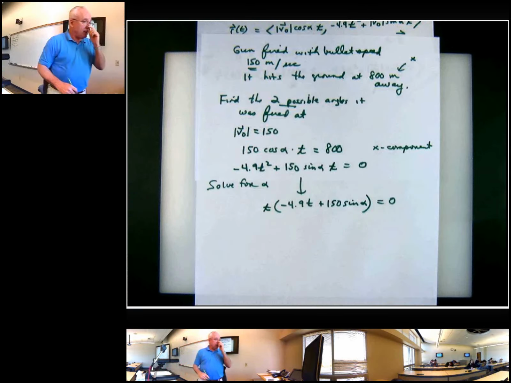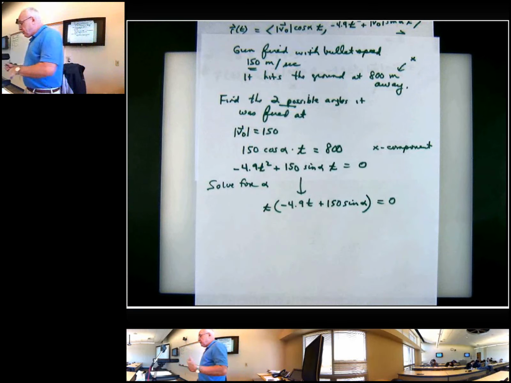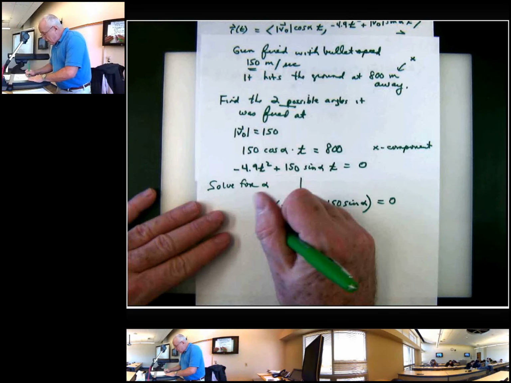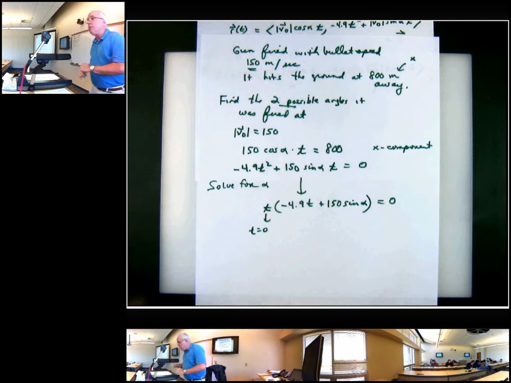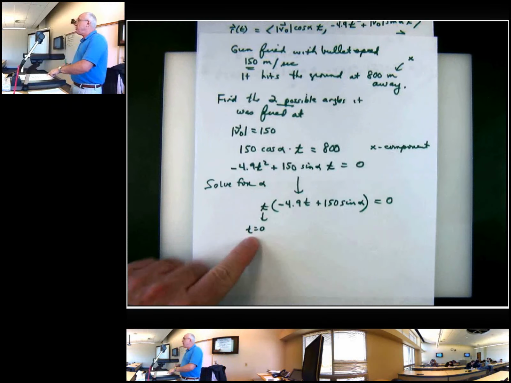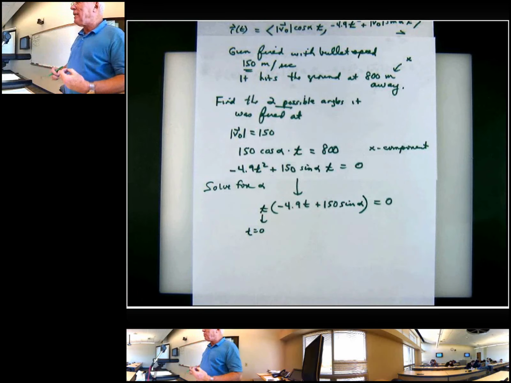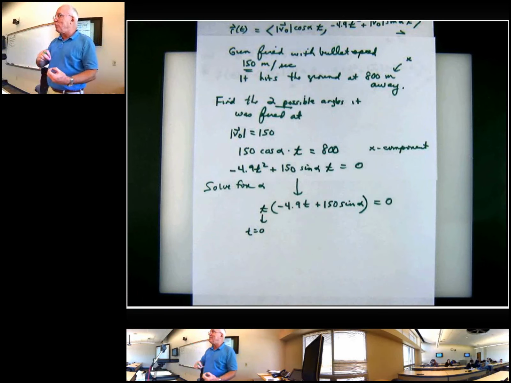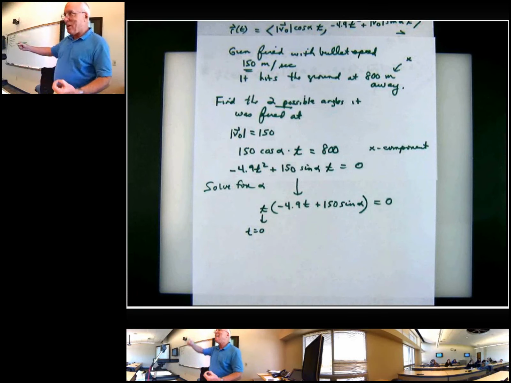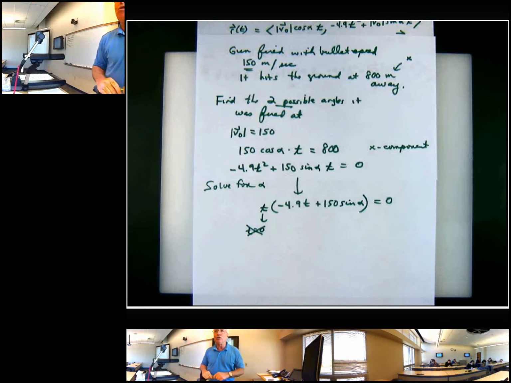Now we have something factored and equal to 0, so that occurs when either of the factors is equal to 0. Well, the first factor is just t. Obviously at the initial point in time the bullet is still on the ground, but that's not when it hits the ground again, so we're not interested in that solution.